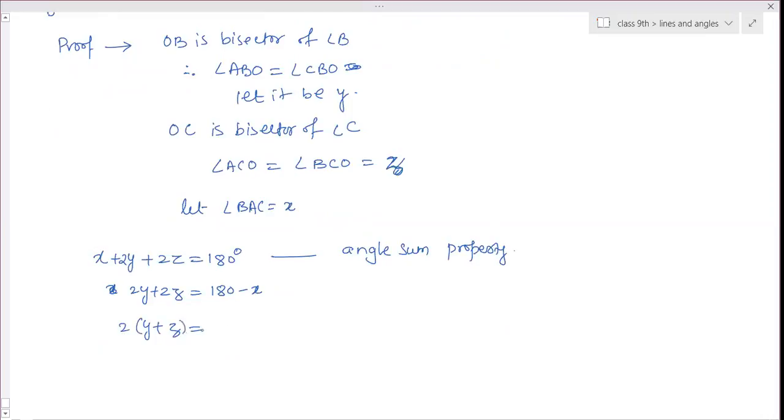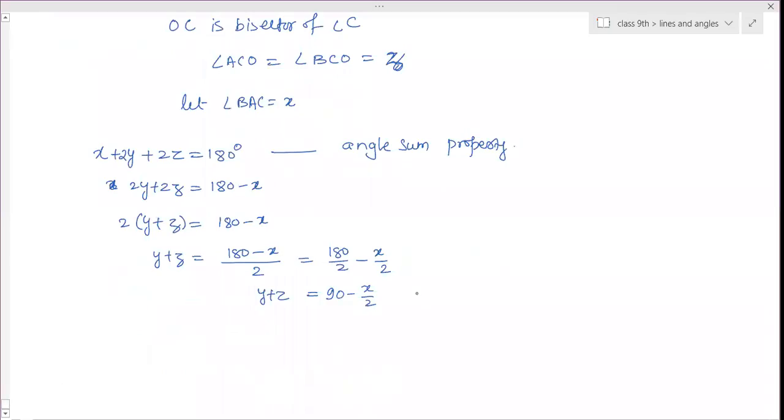Take 2 common: 2(y plus z) is equal to 180 minus x. So y plus z is equal to (180 minus x) by 2, which is 180 by 2 minus x by 2. 180 by 2 means 90, so 90 minus x by 2. This is the value of y plus z. Consider this as equation 1.